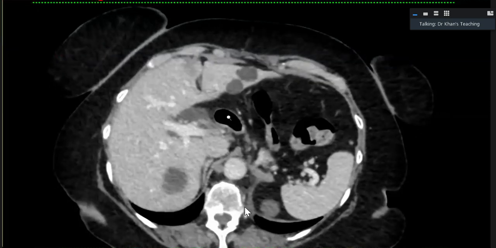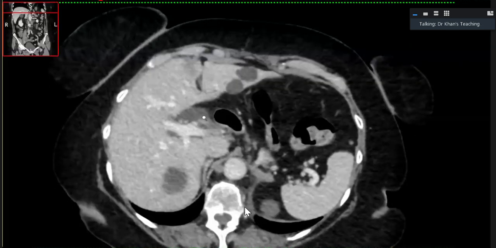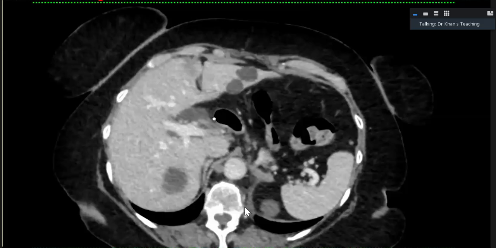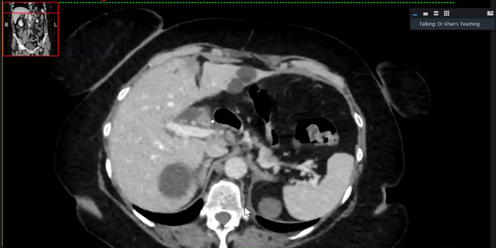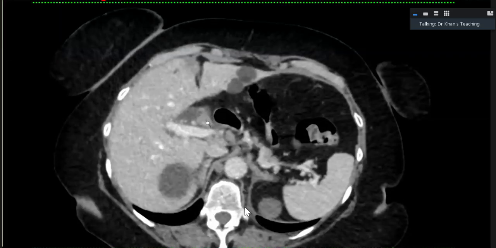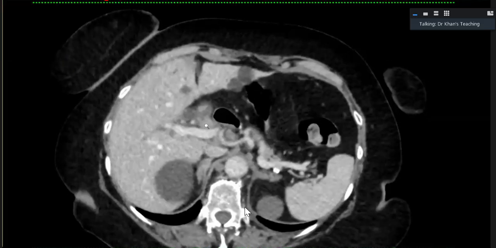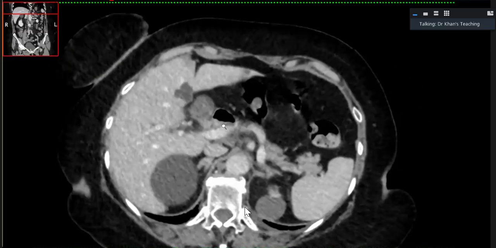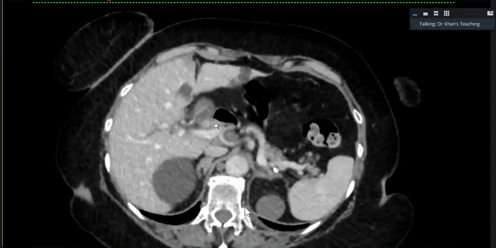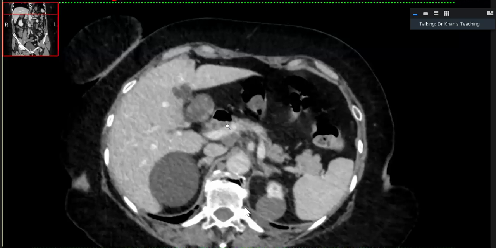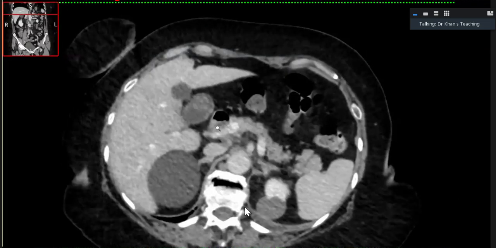This is the confluence, and from here to here is still the common hepatic duct. At this point there is enhancement, and this enhancement is a bad sign. This is the lumen where I'm pointing, and surrounding it means that at the distal common hepatic duct level there is a mass in keeping with a cholangiocarcinoma.